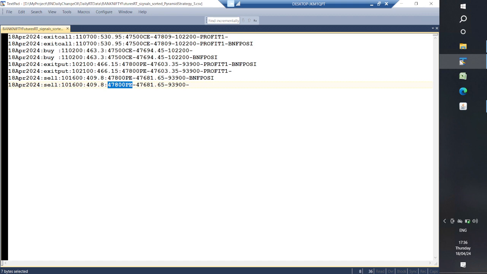There is a buy put option signal generated at 10:16, and we only target 50 points in any option strike. So as soon as the option strike buy signal is executed, we automatically give a limit sell order adding 50 points to the entry value.